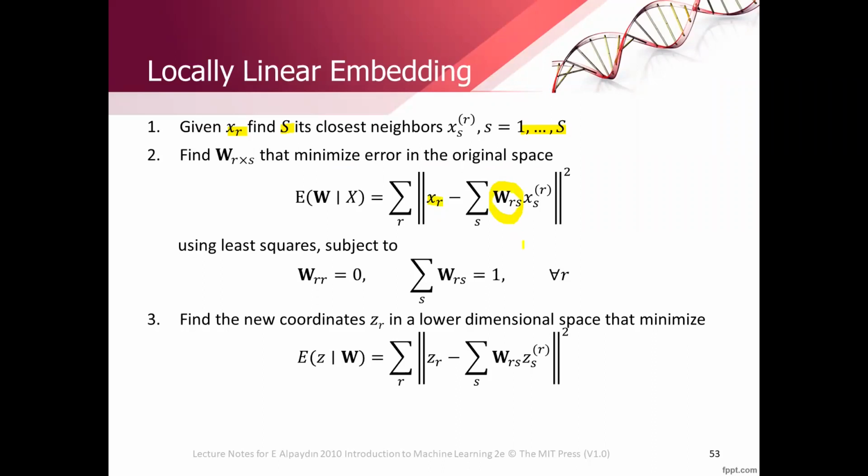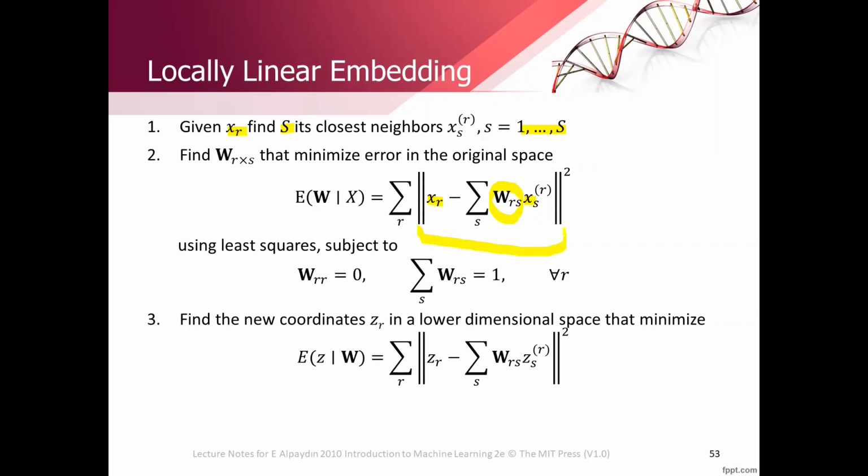When we multiply the observations X sub S, these are the observations from the neighborhood of the original observation XR, by such a matrix, we should obtain something close to XR. So our goal is to have this norm close to 0.